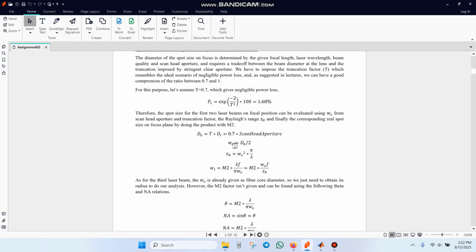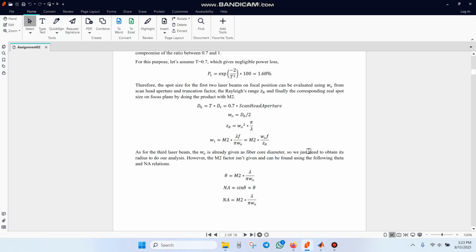Similarly, with the initial spot size, we can find the Rayleigh range ZR, as seen here, which is the distance at which the beam waist increases by a factor of square root 2. Once we have the Rayleigh range, we can finally find the final spot size omega 1 on the working surface. Further, these relations can be used to find the numerical aperture as well as the deflection angle theta in the analysis that follows.